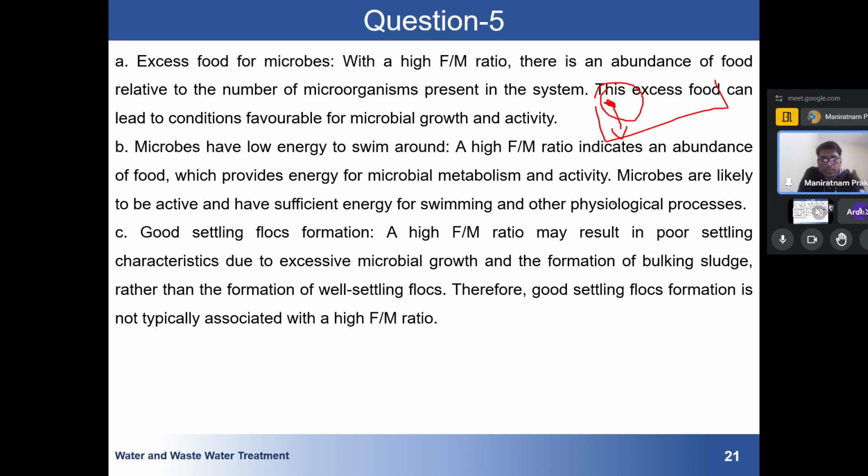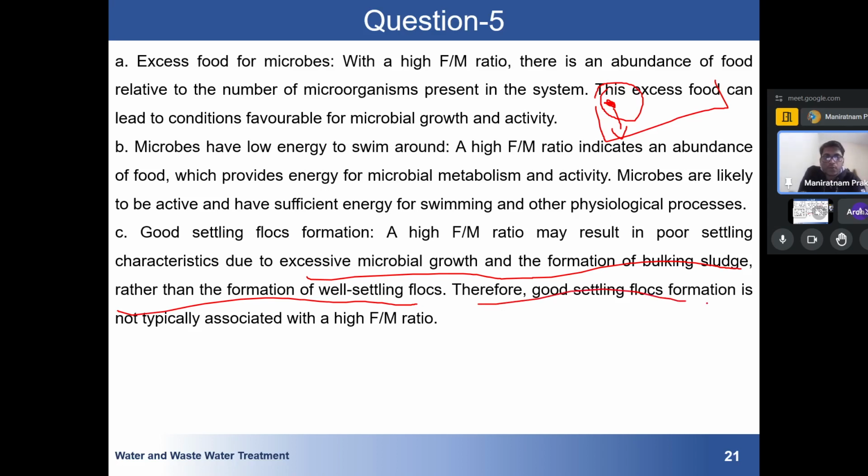So this is what I have written. A high food by mass ratio results in poor settling characteristics due to excess microbial growth and the formation of bulking sludge. This bulking sludge happens due to the growth of filamentous bacteria rather than the formation of well settling flocs.